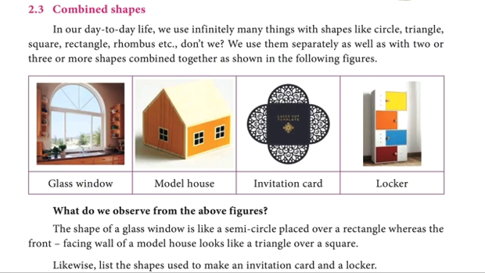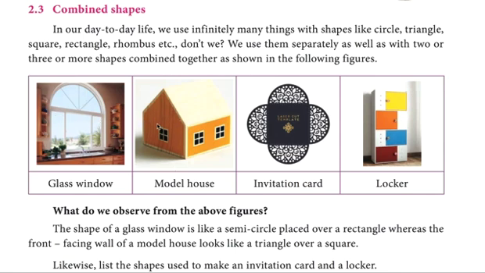So in our day-to-day life, we use infinitely many things with shapes like circle, triangle, square, rectangle, rhombus, don't we? We use them separately as well as with two or three or more shapes combined together as shown in the following figures. See here, this is a rectangle, on top of it is a semicircle.